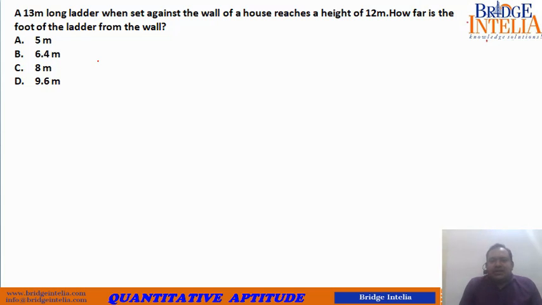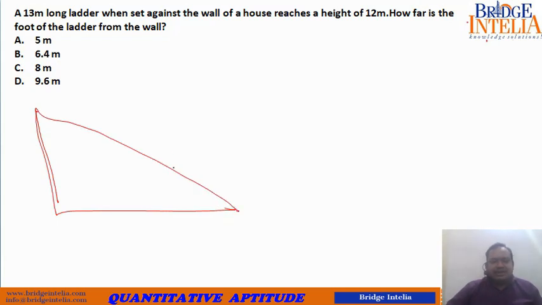Let this be the wall, and this is the ladder. The ladder is 13 meters long, so this is 13 meters. This is a 90-degree wall. The height is 12. How far is the foot of the ladder?